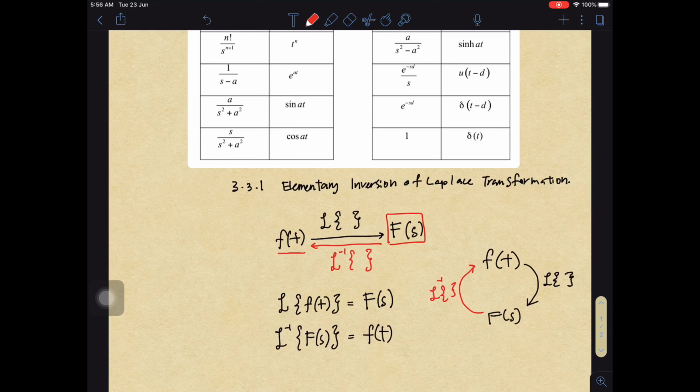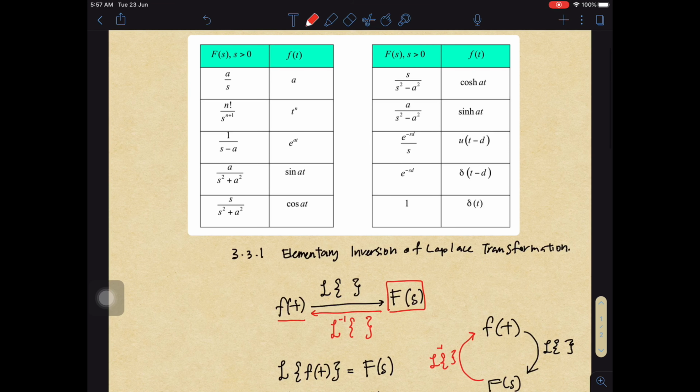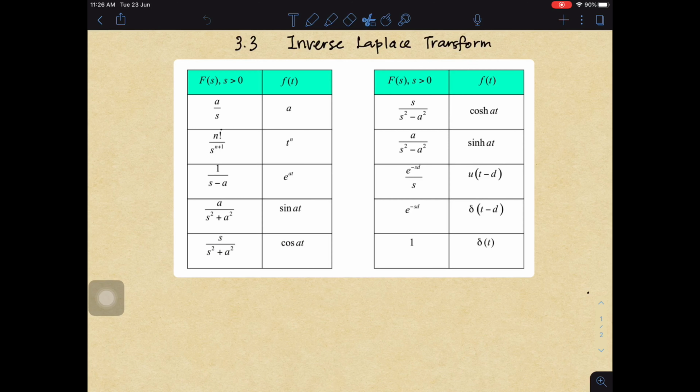This is the relationship between the Laplace transformation and the inverse. Like in Laplace transformation, we can find the inverse by referring to the table. You will see which function f(t) your Laplace transformation is close or related to. Let's see how we can use this table.